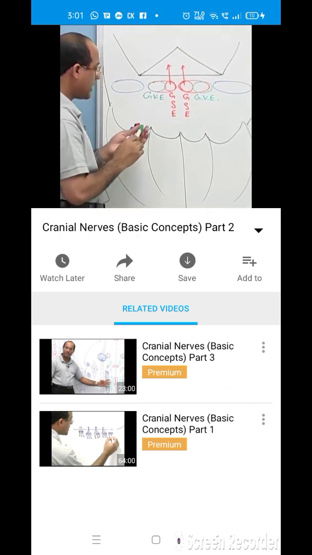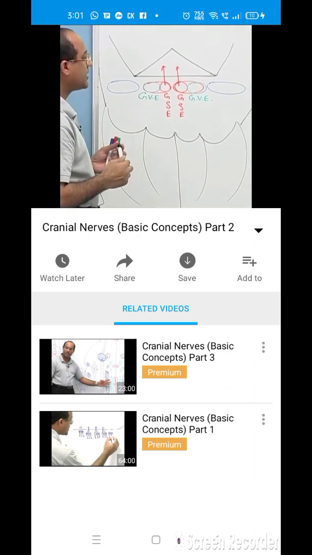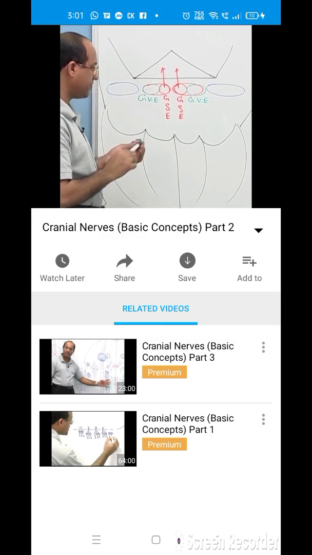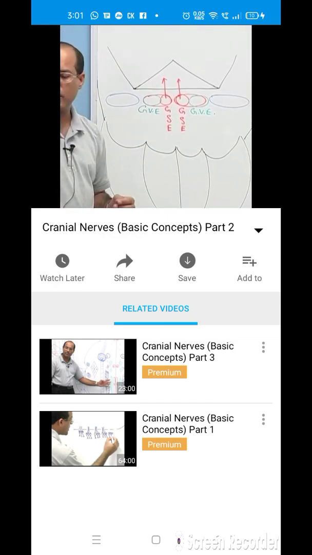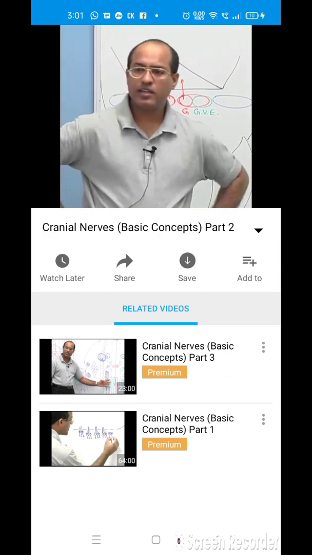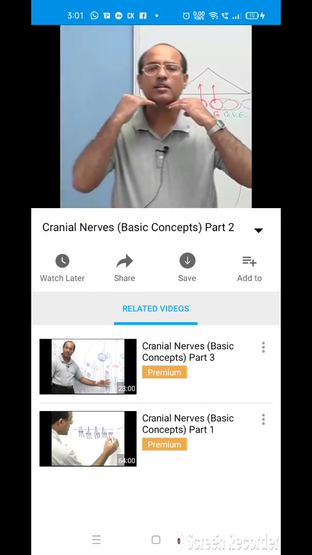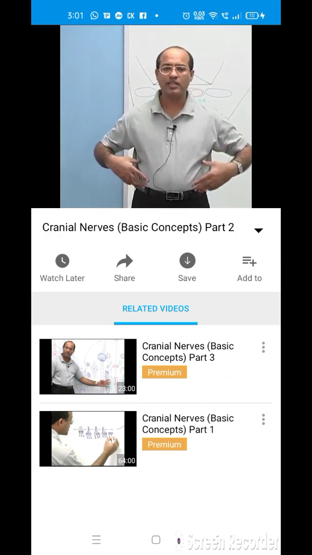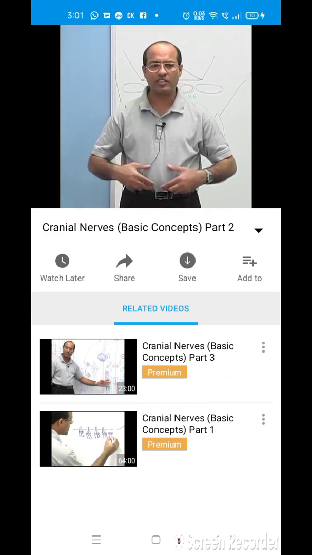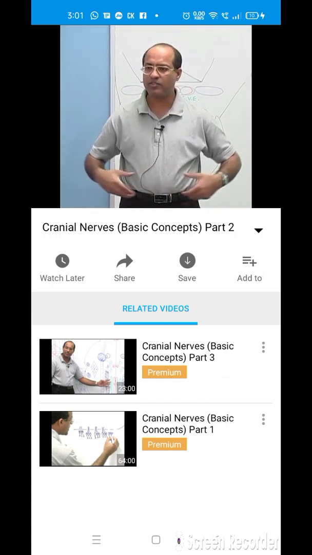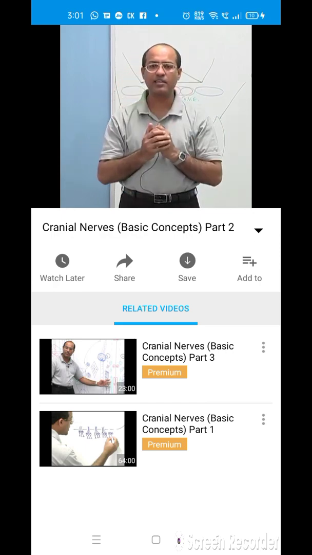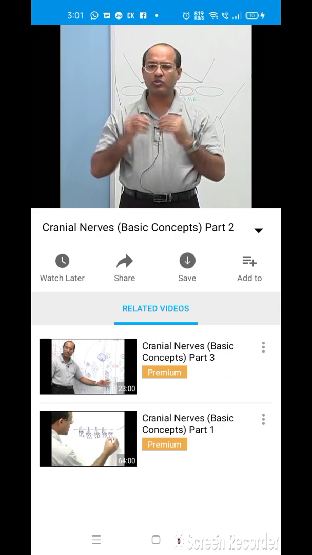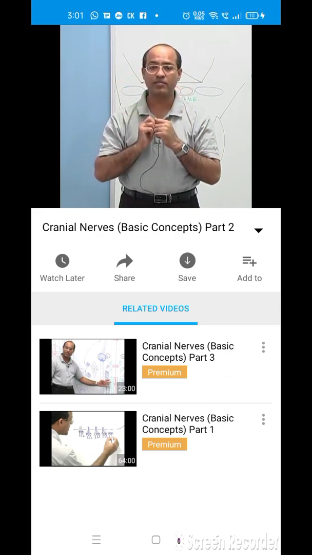Is that right? One thing more, that in the brainstem, there are additional motor fibers. I told you that in the lower part of the body, right, it's enough to have general somatic efferent with general visceral efferents. Is that right? But when we talk about head and neck, of course, we have to have general somatic efferents.